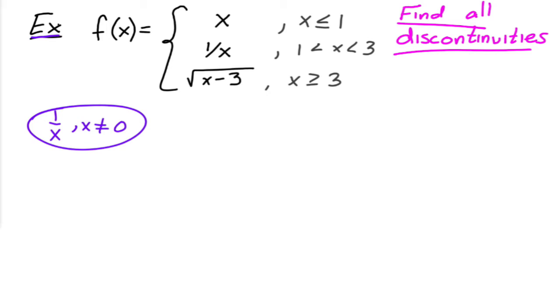But notice that you're not using this function for the value 0. It's only between 1 and 3, so you don't really have to worry about that. The same thing with this one. Because it's the square root of x minus 3, you know that x minus 3 can't be less than 0.